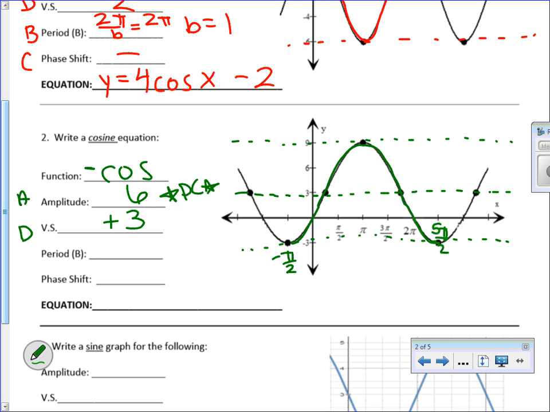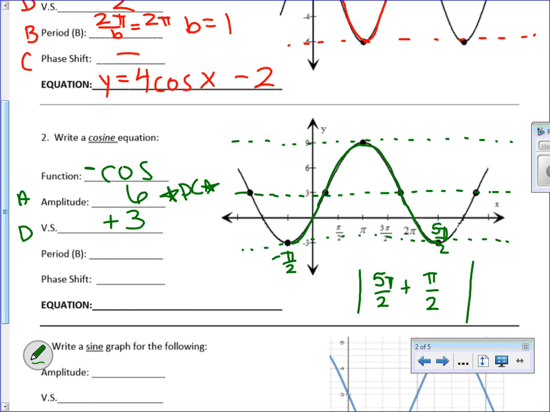So how far did you go? Okay, Nick says 3π. Do we agree? Disagree? We're not sure. Agree? Okay, so you can subtract these numbers, like remember how you find the distance? Distance is always absolute value. So we're going to do 5π/2 minus negative, so that's going to change to plus, π/2.